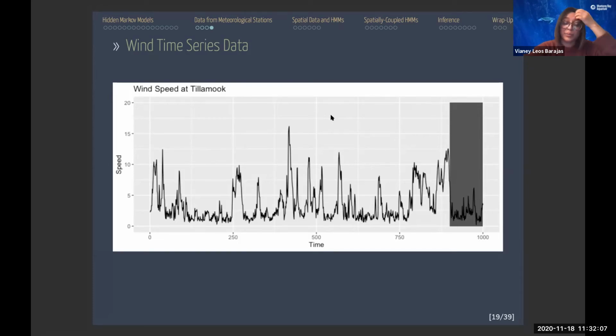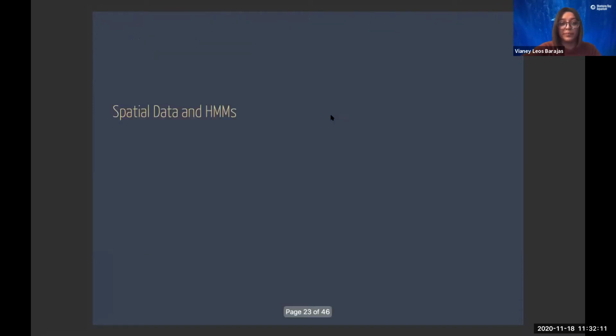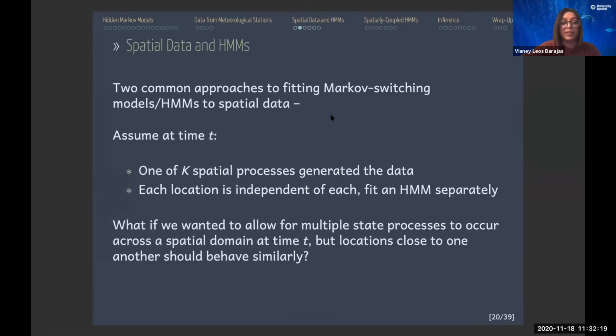So Markov switching models in particular have been good for short-term forecasting. In general, what this took me down the path of is spatial data and hidden Markov models. How are they used? Two common approaches to fitting Markov switching models or HMMs to spatial data: you assume that there are k spatial processes that generate the data.